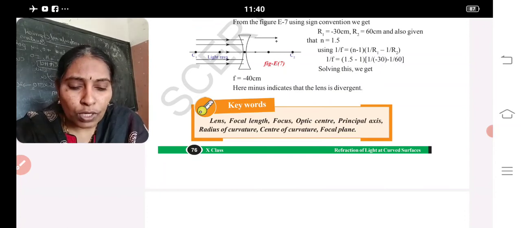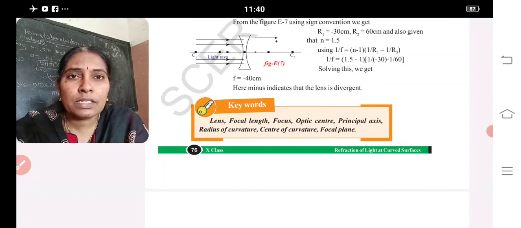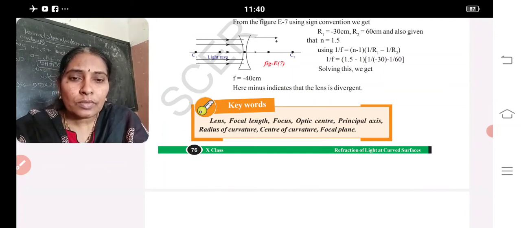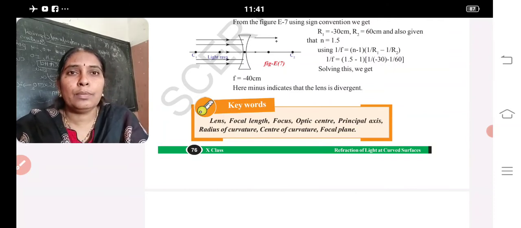So what are the rules to be followed to get the image? First rule: select the position of the object on the principal axis. Second, draw any 2 rays from the above situations to get the image, and the intersecting point of those 2 rays after refraction is the position of the image.